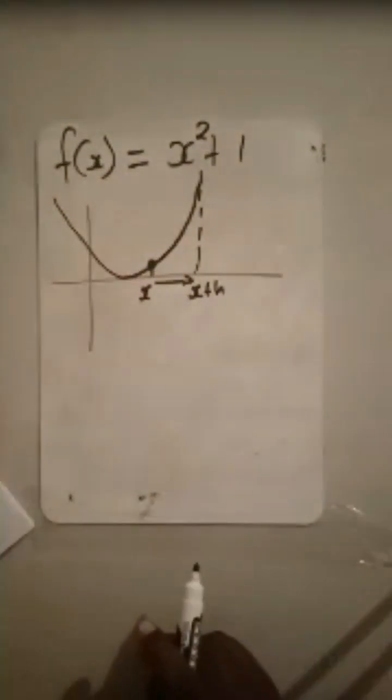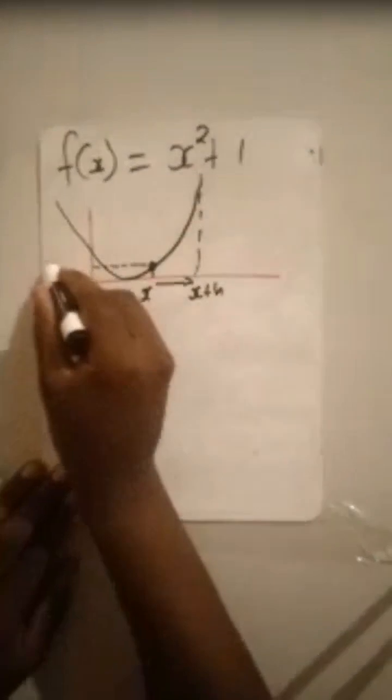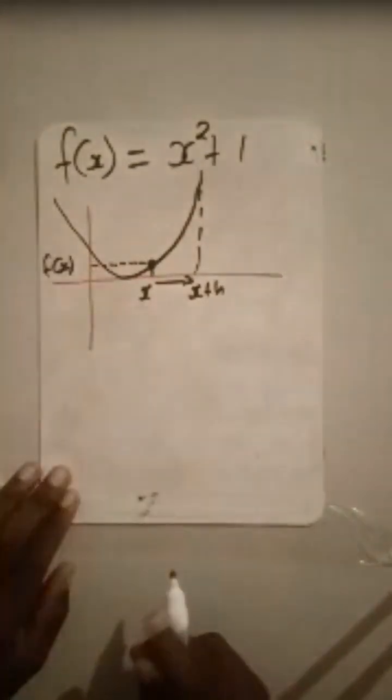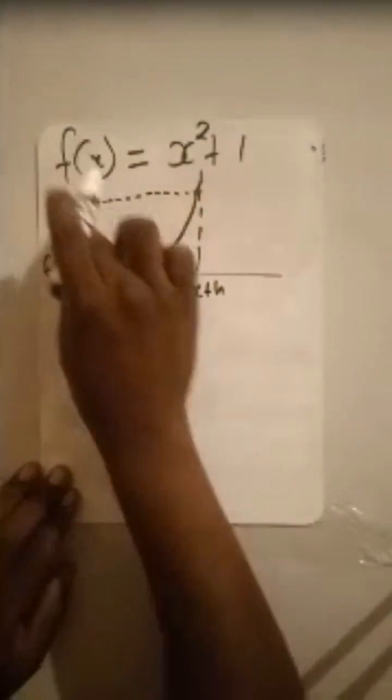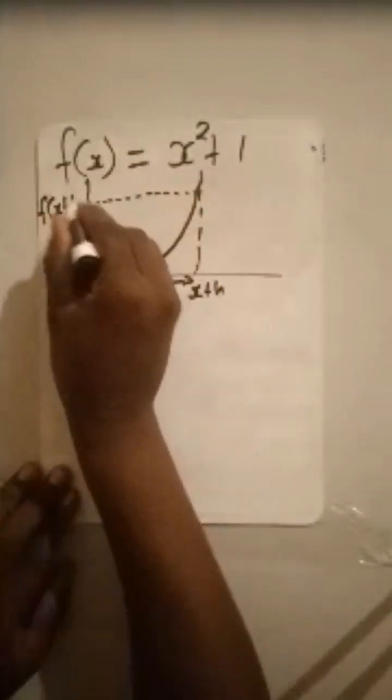From there, if we go to the y-axis, we'll see that this one is f of x, and that one is going to be f of x plus h.